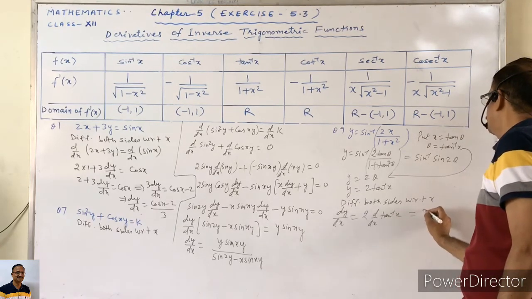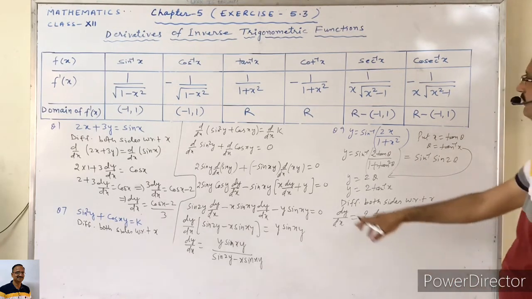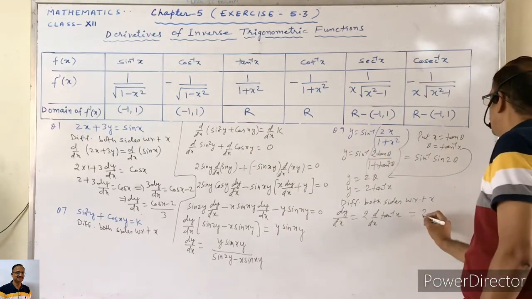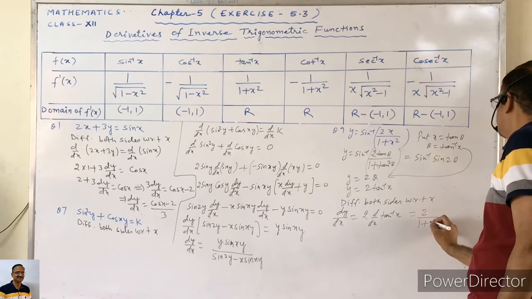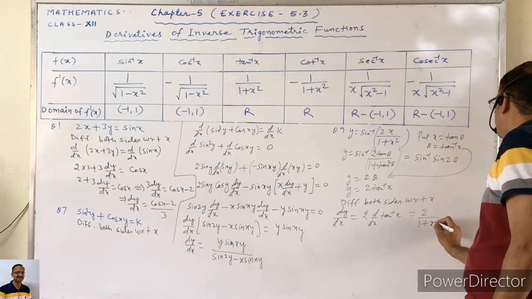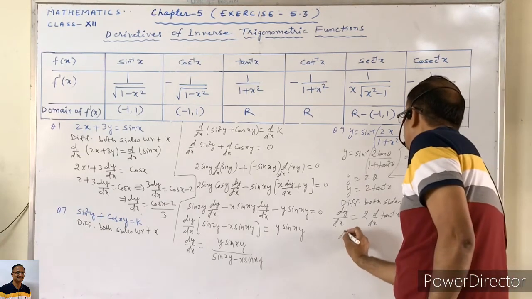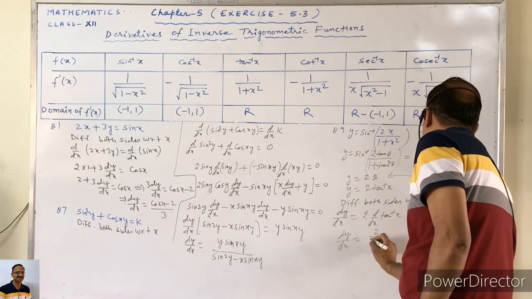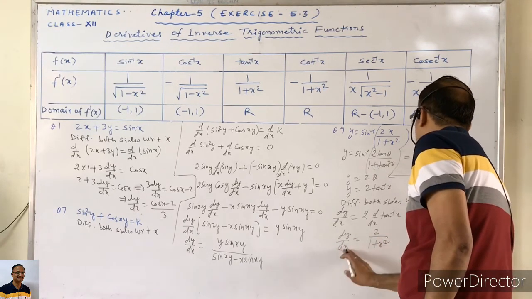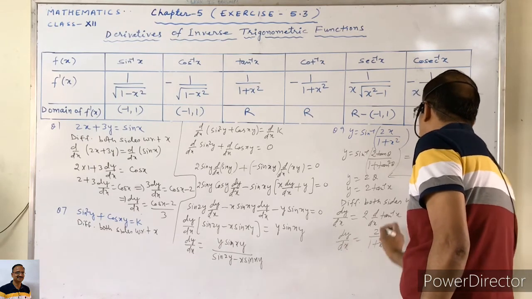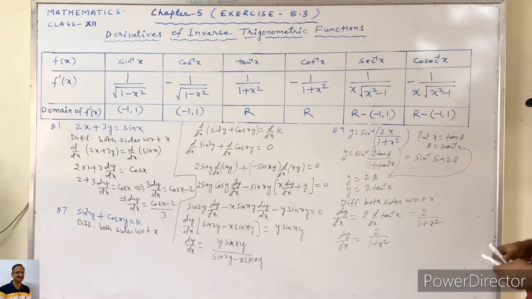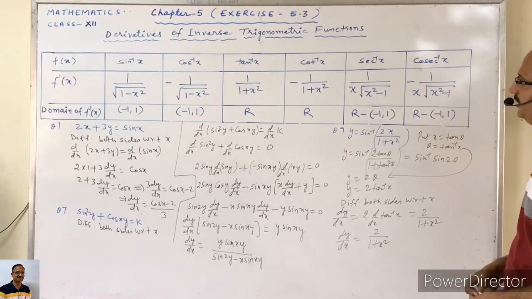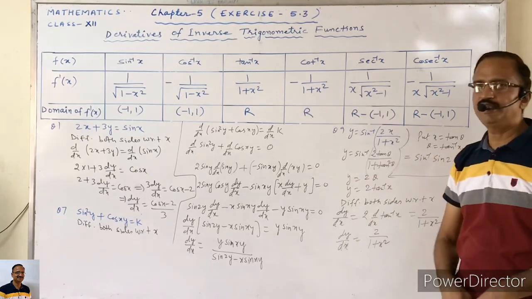So the answer is 2 as it is, and the derivative of tan inverse x is 1 upon 1 plus x square. So the final answer is dy by dx equals 2 upon 1 plus x square. So this is the derivative of the given function. So in this way, with the help of these formulas, we can find the derivative of inverse trigonometric functions.